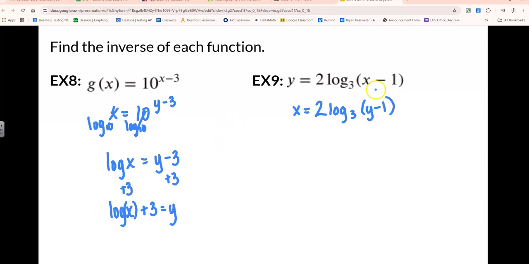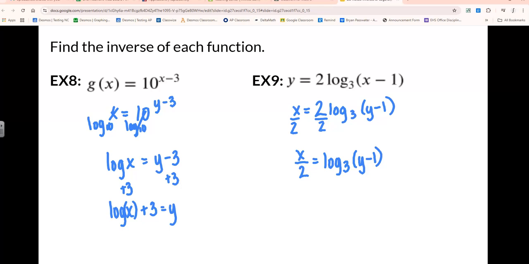Because the base of that log is our 3, but we can't get to it yet because the 2's in the way. Any ideas? Nate? We're going to divide it off because it's just multiplied right there. So you got to divide. That was throwing some of you guys off on one of those quiz questions as well. You were logging something that should be divided first. So if it's just a number out front, you're going to divide it. So we got X over 2 equals log base 3 of Y minus 1.